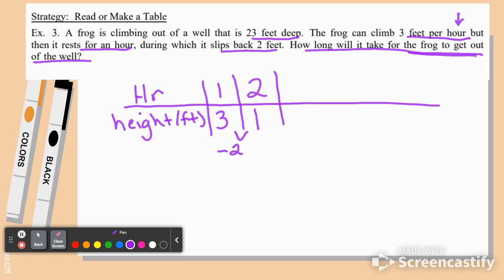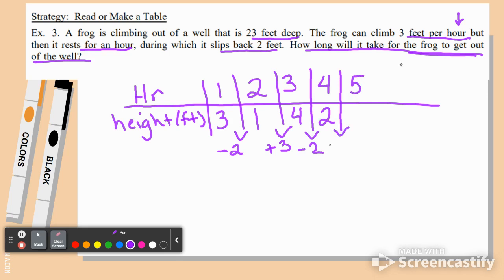And then the next hour, hour 3, he's going to continue to go up again, so I end up with 4. And then hour 4, this is when he drops down again, and I get 2. So I keep going. Hour 5, I'm adding 3 again, so I get 5. Hour 6, I'm subtracting 2 again, and I get 3. Okay, we're going to figure this out without having to write them all out because that's a lot.